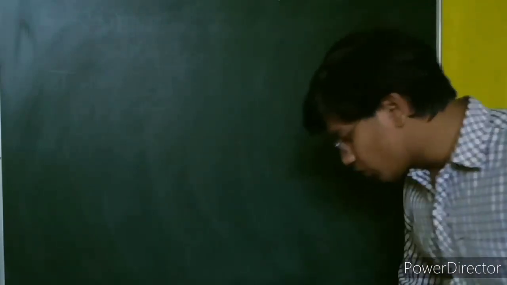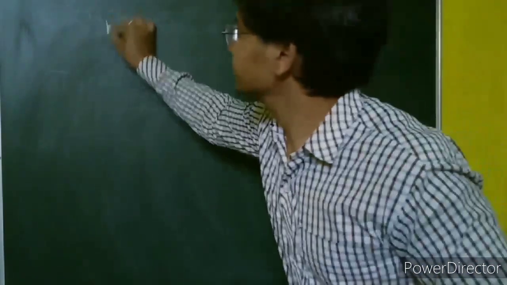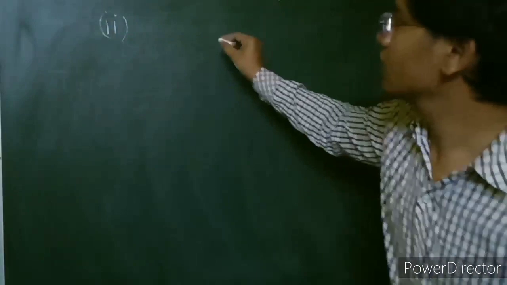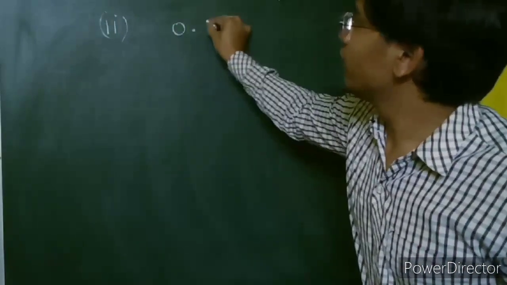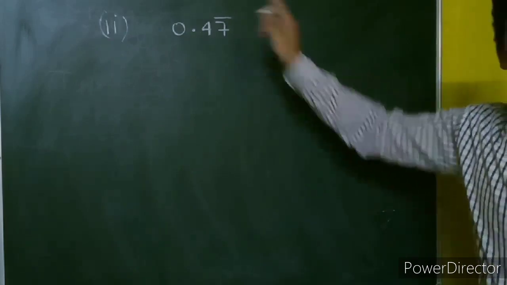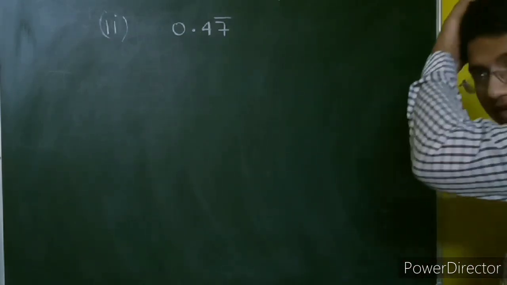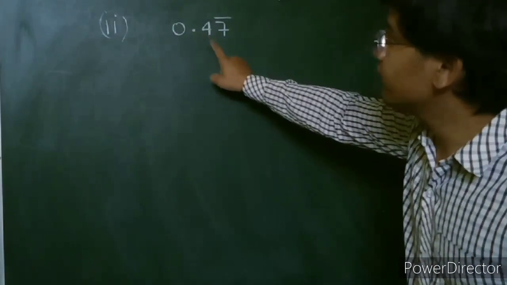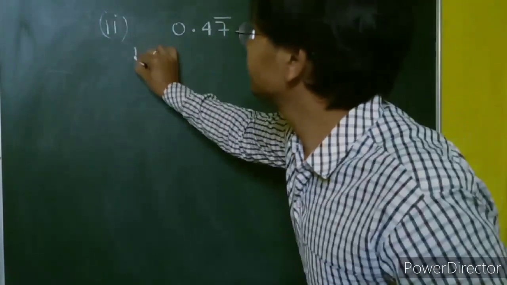Our question is 0.47 bar. Now here the bar is on one digit only. It is on the 7. So 0.47 bar we will write.